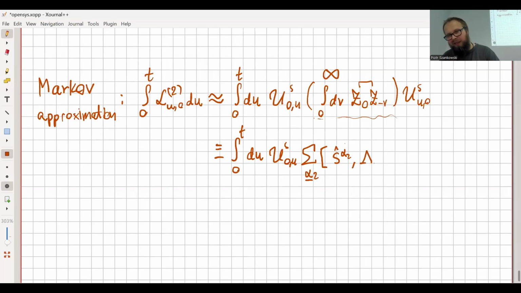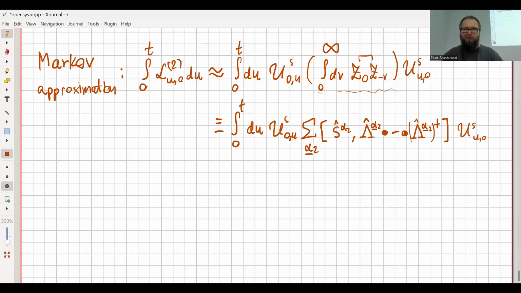And here we introduce new operators, lambda alpha 2 bullet, and take the dagger of it. Okay, like this, and the closing unitary. Okay, this is the form we want for it to take.